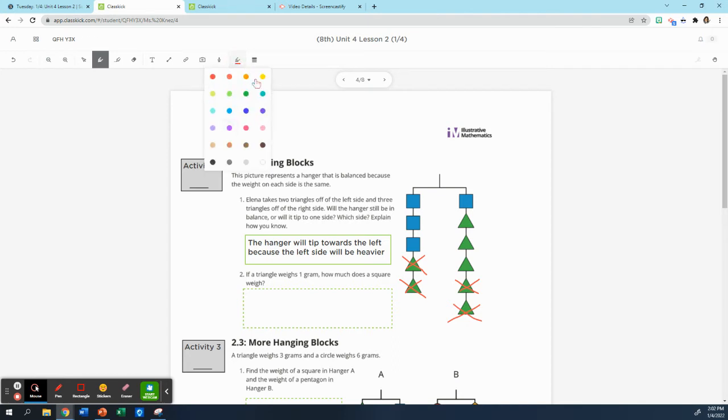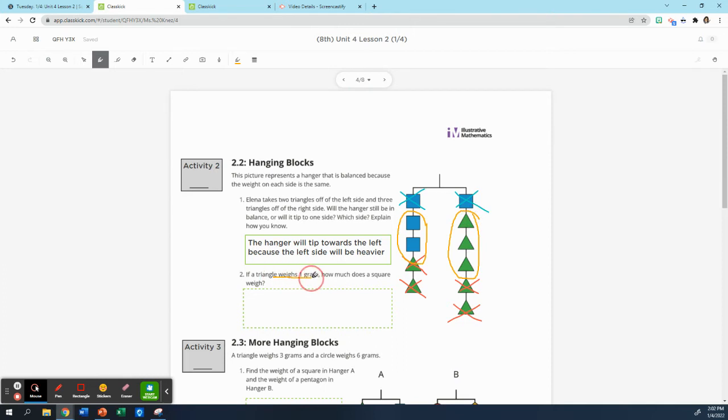And then the other thing I'm going to do is eliminate 1 square from each side because I know there's the same amount of weight. So these 2 blue X's have the same weight, and the 4 red X's in total have the same weight on each side. What that means is that the 2 squares that are in the orange circle and the 3 triangles that are in the orange circle have the same weight.